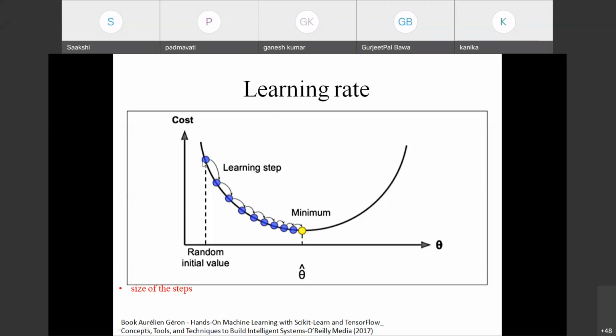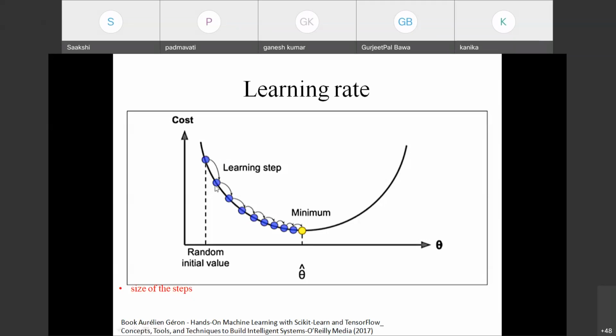Earlier, when I initialized with this random value, I got the cost function as this. In the next step, after the gradient descent algorithm, when I execute back propagation, my cost got reduced.